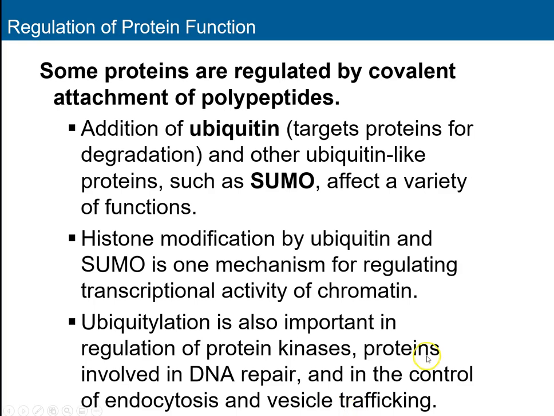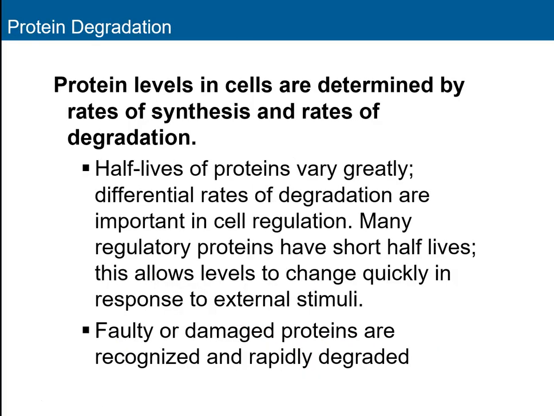What we're going to talk about next is protein degradation, and ubiquitin is involved in this as well. Ubiquitin is not always associated with protein degradation; it can have other effects as well.